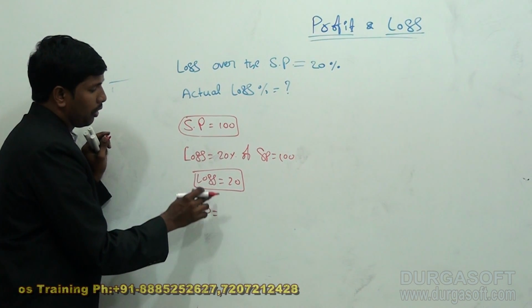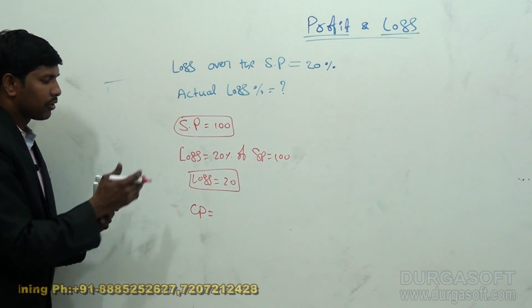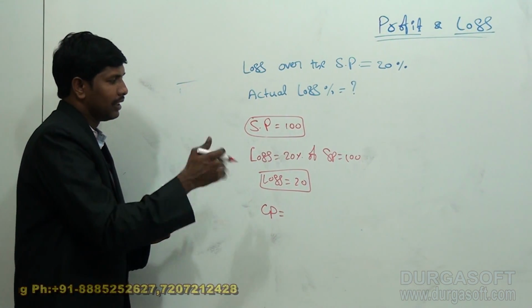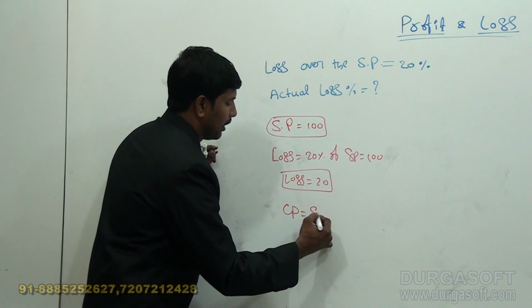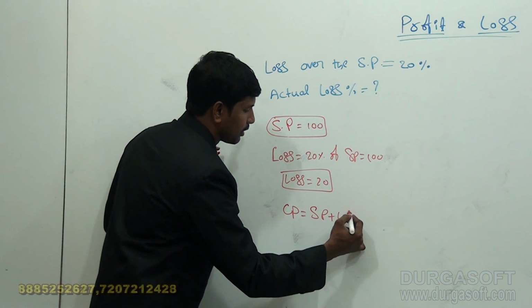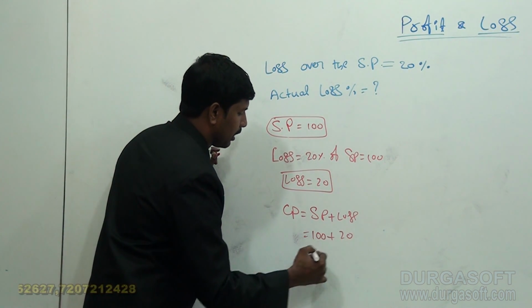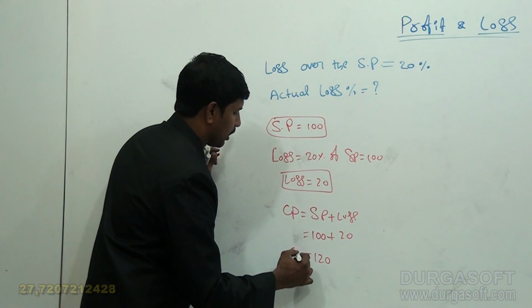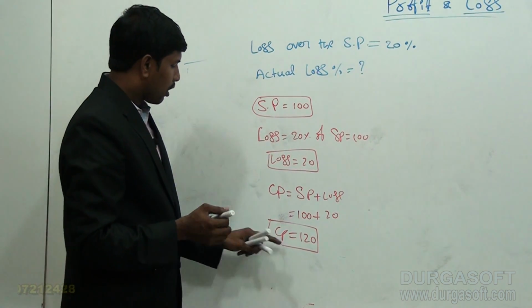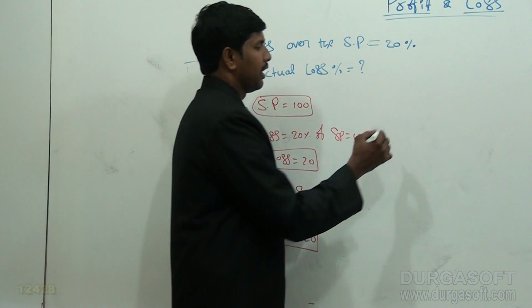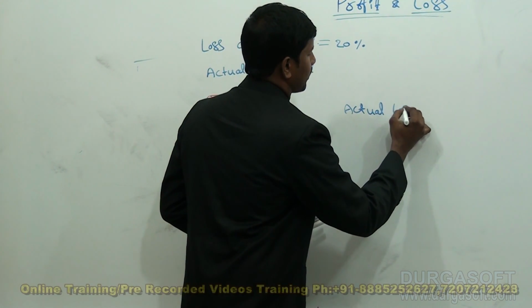So when you know the loss and selling price, actually loss is equal to cost price minus selling price. So I want cost price, which is equal to selling price plus loss. So in this case 100 plus 20, it is equal to 120. Now when you know cost price and loss, you can calculate actual loss percentage.